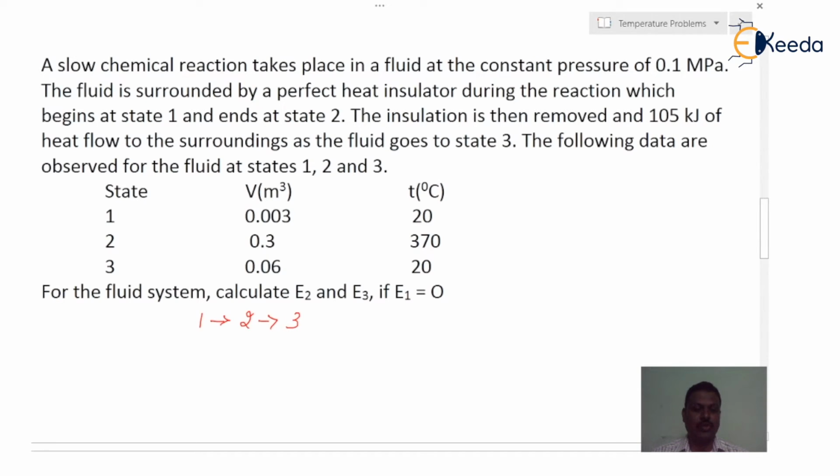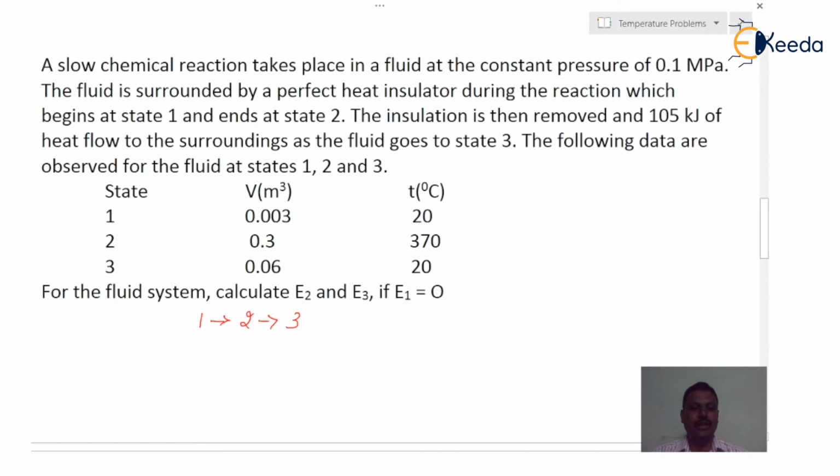In the process 1 to 2, heat is produced by the fluid due to a chemical reaction. Heat is released inside the system, but that heat will not flow outside the system, as it is surrounded by a perfect heat insulator.